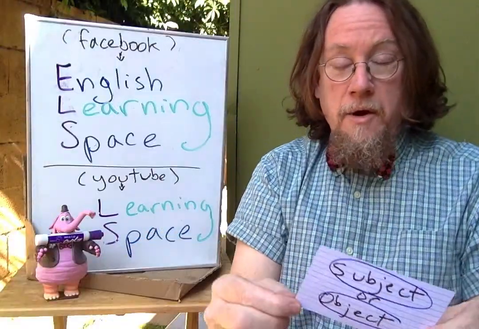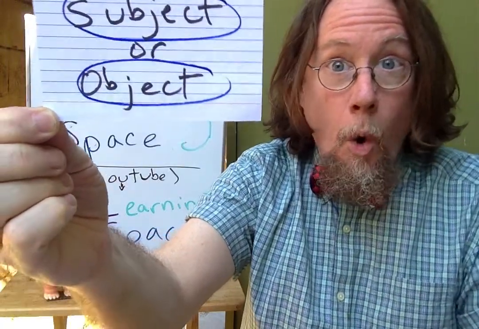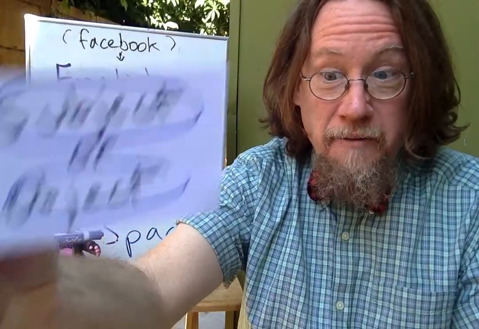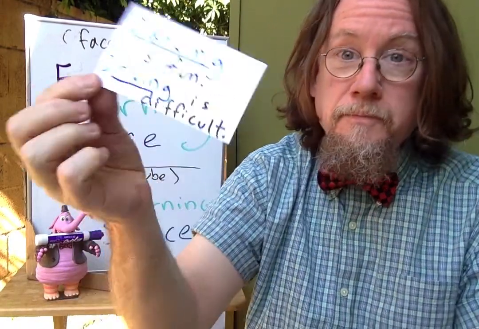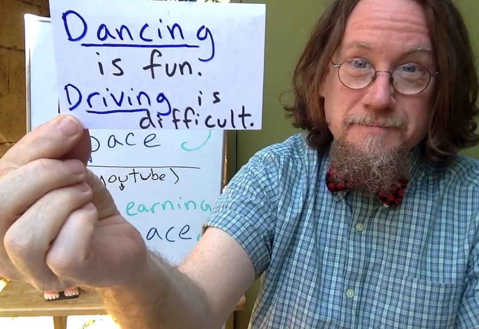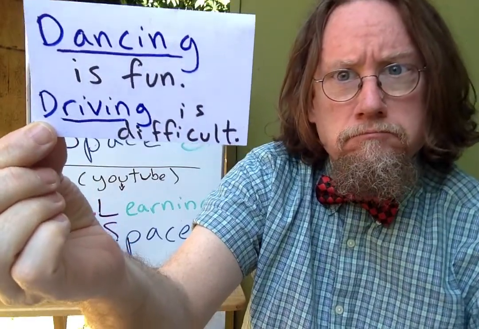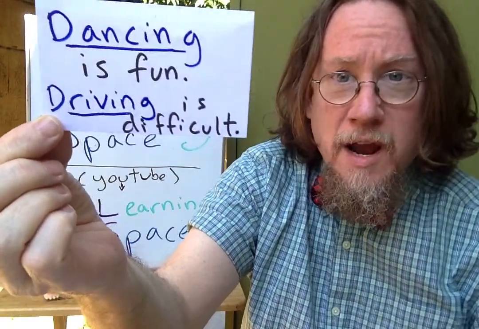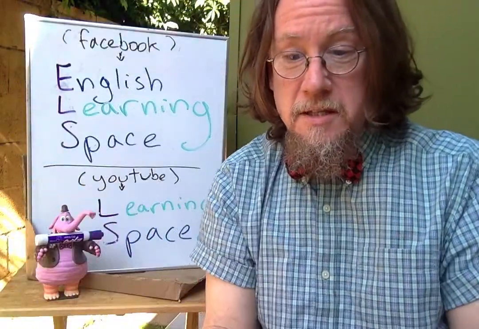A gerund could be the subject of a sentence or the object of a sentence. For example, subject: dancing is fun, or driving is difficult. These are nouns. They are the subject of the sentence.